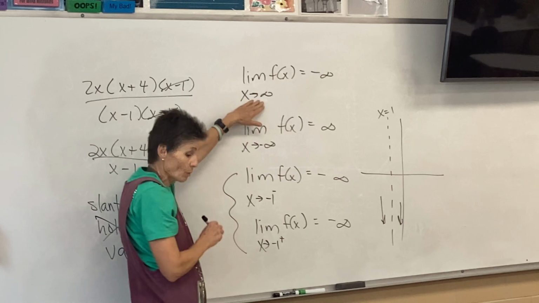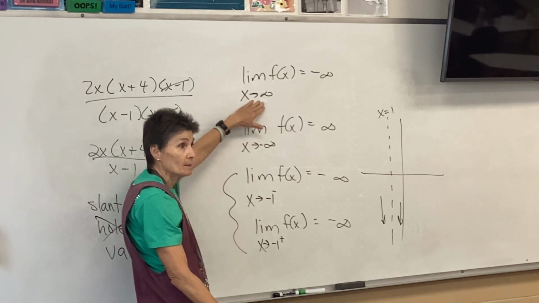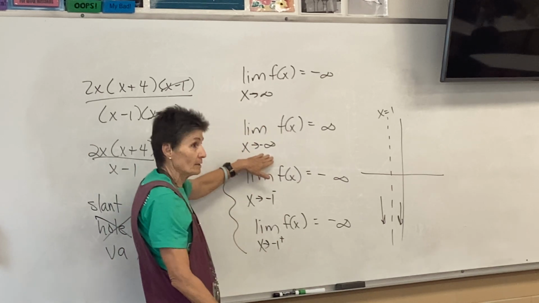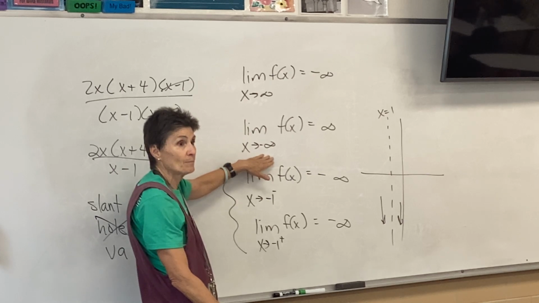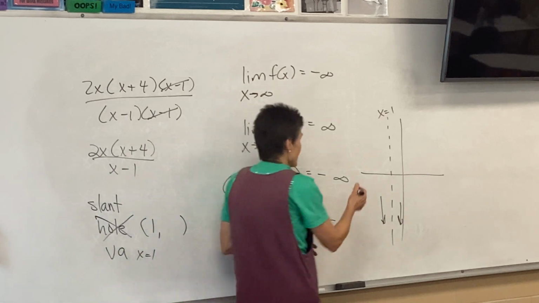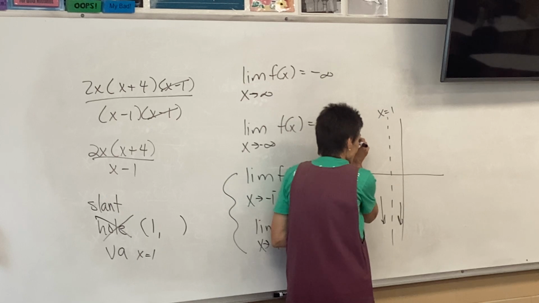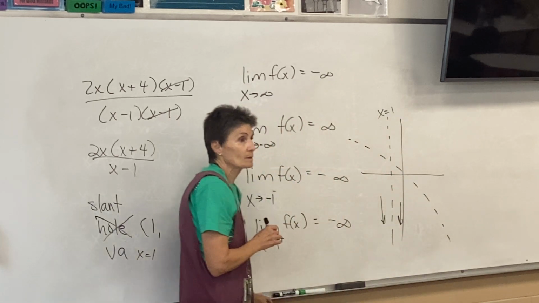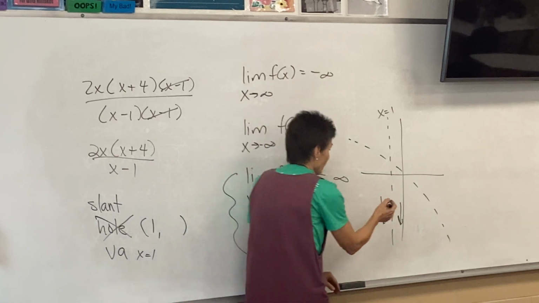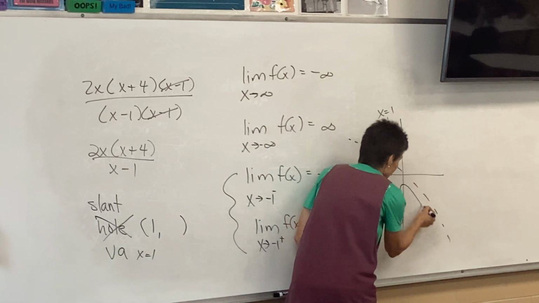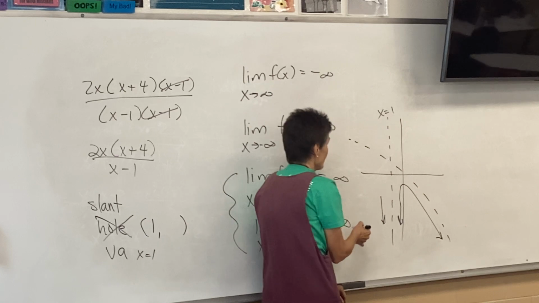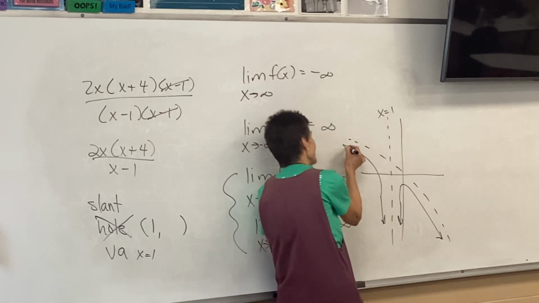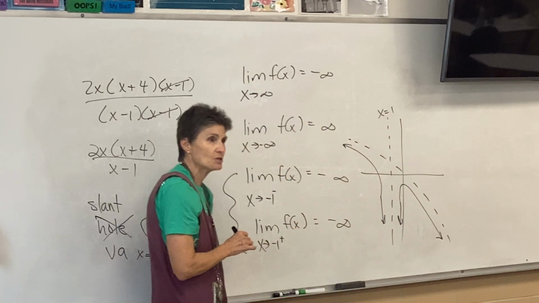So as I'm going to the right, my picture is going down, but as I'm going to the left, my picture is going up. So I'm thinking maybe there is some kind of slant asymptote going on here, so that on the right side it's going down, and on the left side it's going up. Does that make sense to you?